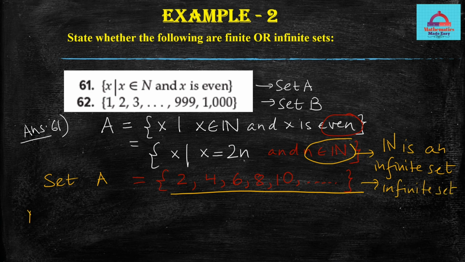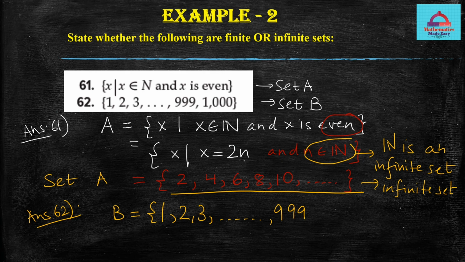Amazing. Okay, let's try the next one, which is on the set B. So I'm defining my set B. It's clearly given to you with the elements listed. So the minimum is 1. It starts from 1, 2, 3. It's going on, and it also has the maximum element listed here. So you have just listed in this part all the elements.